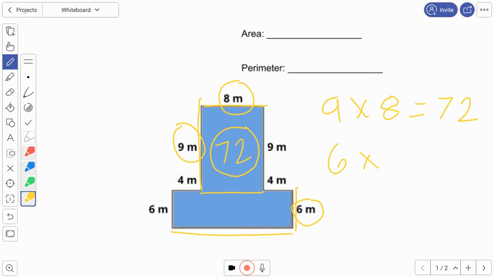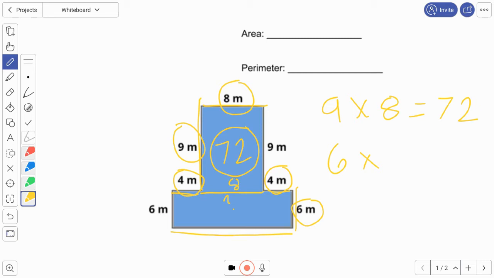Okay, so I need to get all the way across here. So I can see that from there to there is 4. The other side is 4, but I need to figure out what this big middle gap here is. Well, what I know about rectangles is that the top and the bottom are always going to be the same number. So if the top is 8, I know that the bottom, or this little gap that we are missing, is 8 as well.